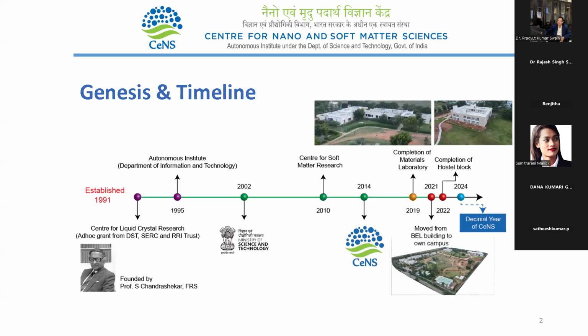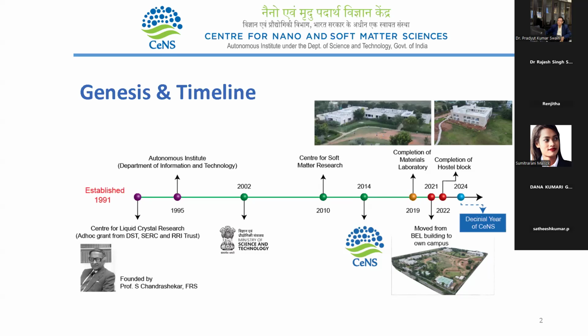Before going to the details of my talk, I would like to briefly tell you about my center. Our center is called Center for Nano and Soft Matter Sciences. This is an autonomous institute under the Department of Science and Technology. We are situated towards the west side of Bengaluru, and this center is about 30 years old.